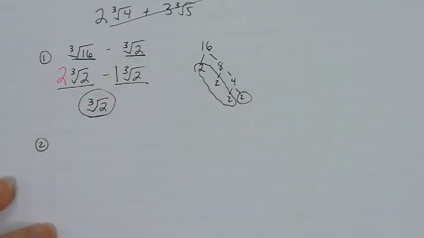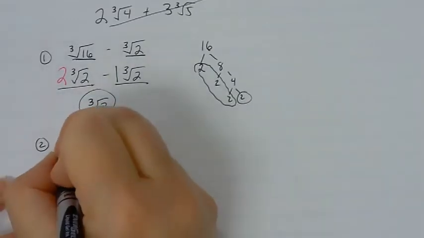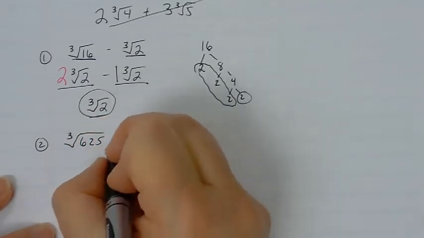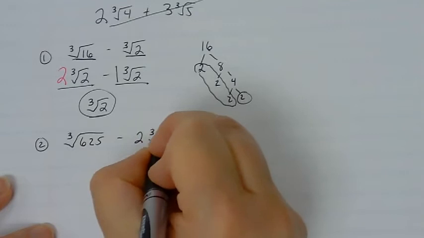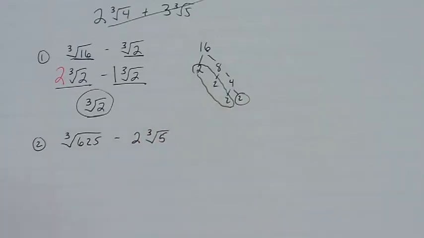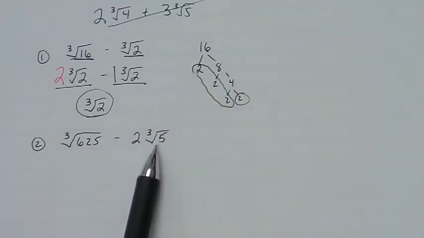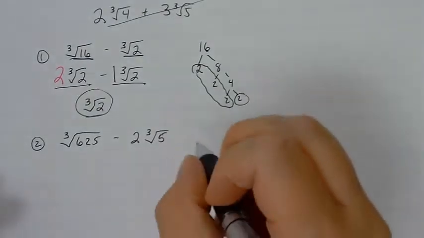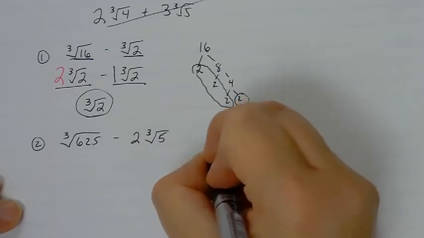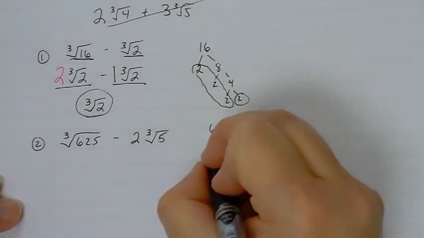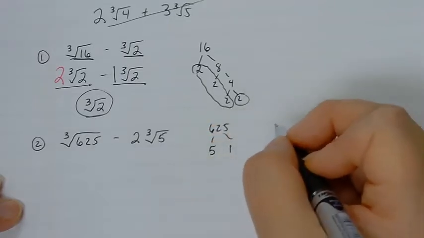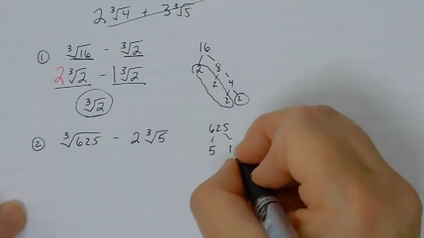Number 2. The cube root of 625 subtract 2 cube root of 5. So since this is the smaller one, I'm going to see if I can turn this one into a cube root of 5. So I'm going to try to break down 625. 625 goes to 5 and 125.